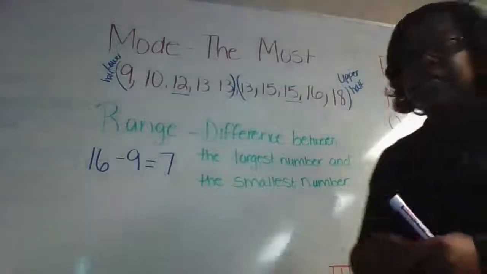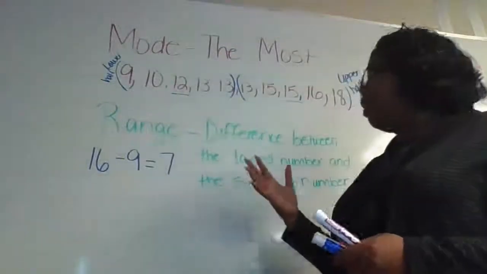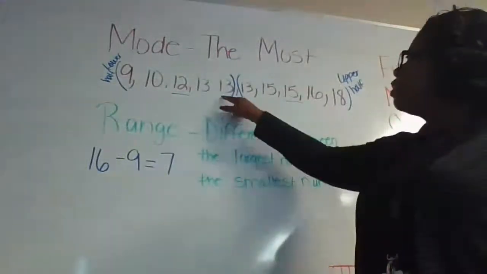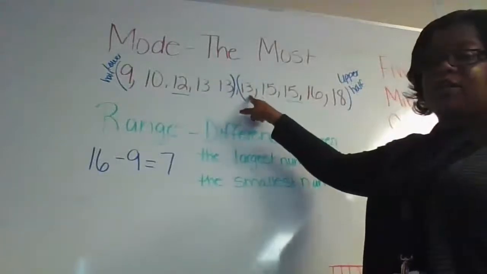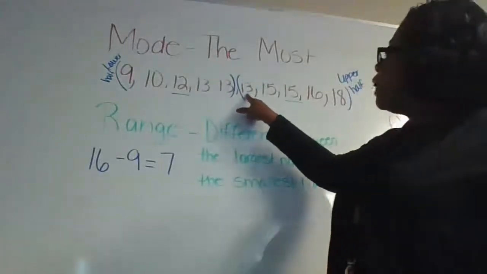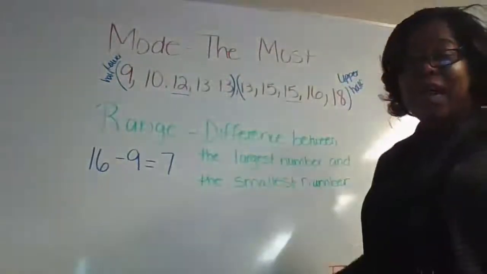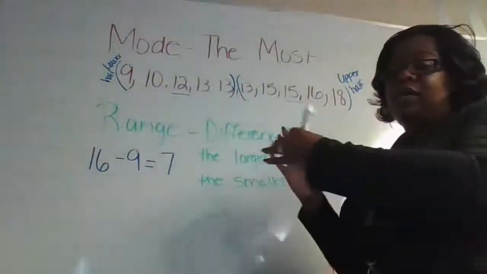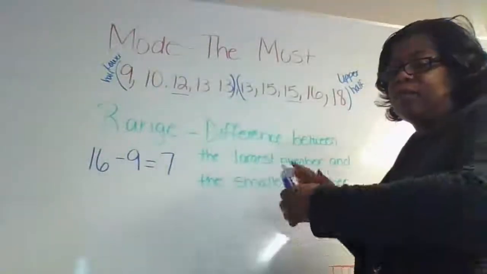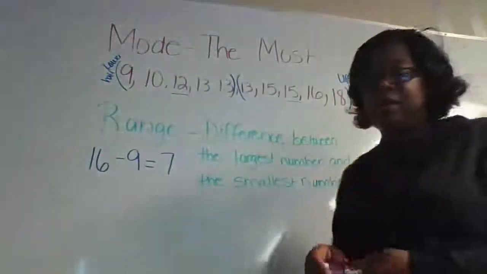The point I was trying to make is that when you're working with an even number, you still use the two middle numbers to find your median, but then you split your data set in half and find the median of the lower half and the median of the upper half.